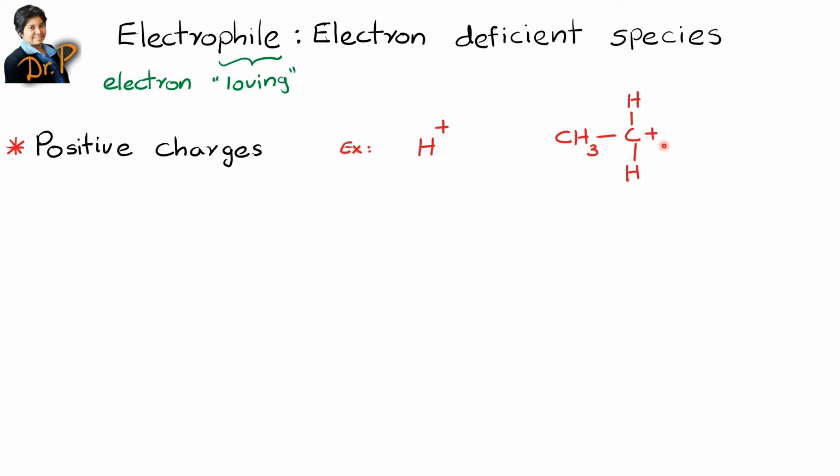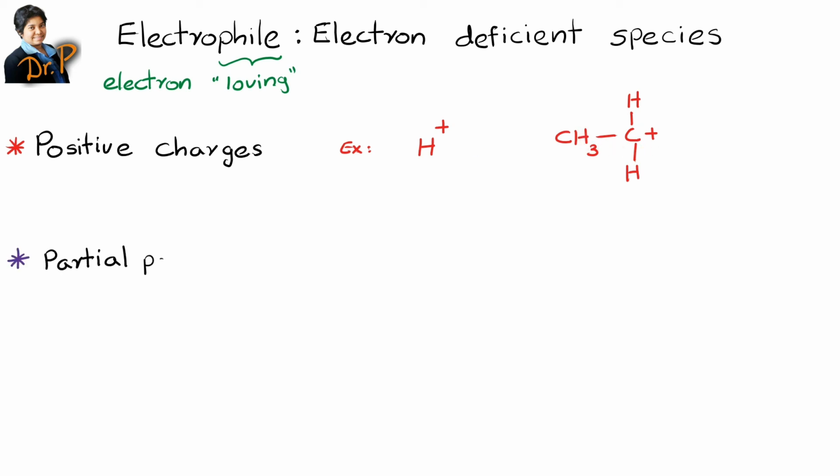So when we have a positive charge sitting on carbon, we call them carbocations. So all positive charges can be identified as electrophiles. Why? They have a positive charge, so they can get attracted towards electrons. These species, they love electrons.